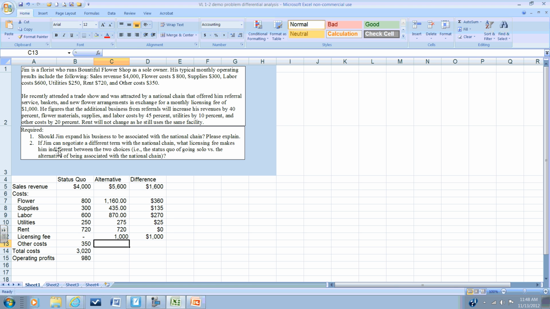It tells us our other costs, miscellaneous costs that we incur, will also increase by less than the costs that are directly associated with the sale of a bouquet, and they'll go up by 20%.